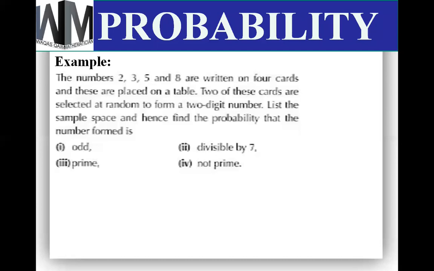So 2 and 3 is one possibility, and 3 and 2 is another possibility. So 2 and 3 is 23, and 3 and 2 is 32. Not Furkan, that are too much.